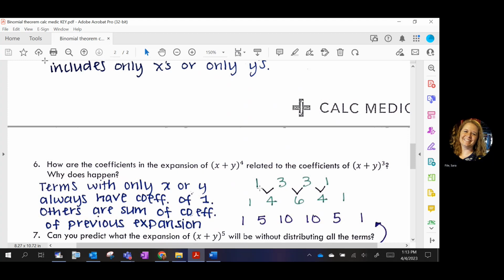Say that again. Yeah, there is going to be repeating within the line because it's symmetric as you go down the line. But from one line to the next, do you see a relationship?